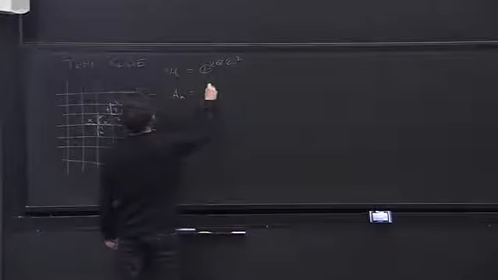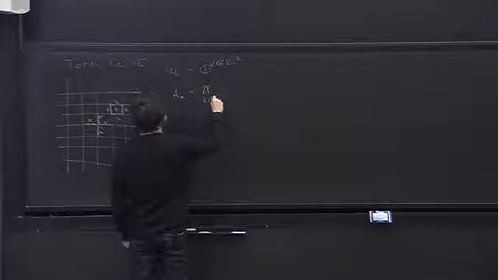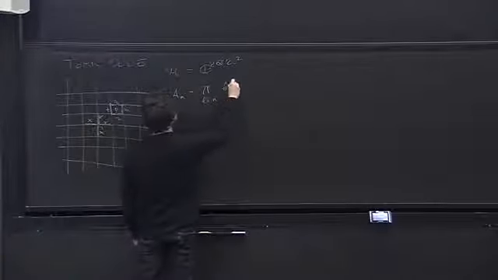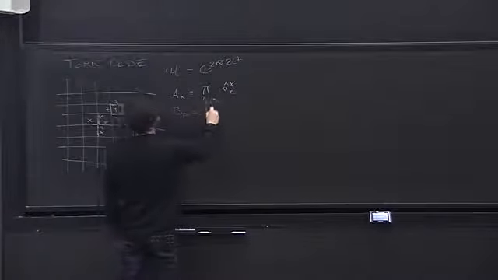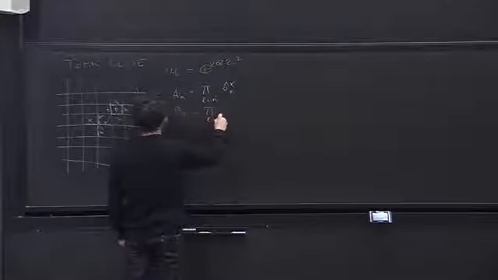AN is the product on the spins coming out from N of sigma X. And BP, the product of the spins around the plaquette of sigma Z.